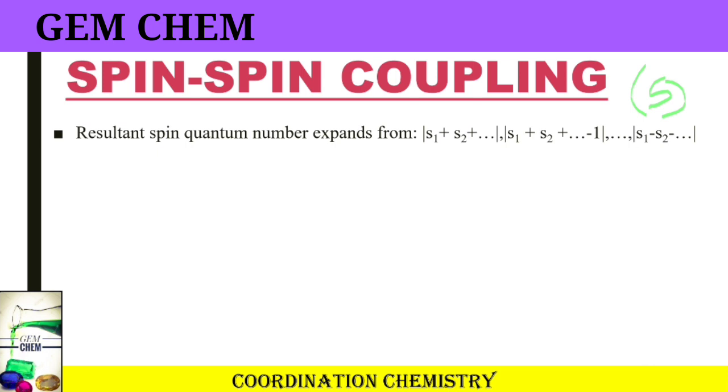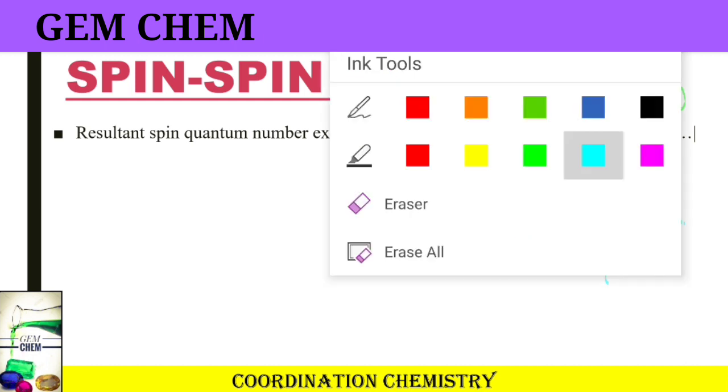There is a formula for this one, which we can write as capital S equal to summation of Si. That is, different spins are present in different electrons, and we will add them up. First we will deal with one of the examples.